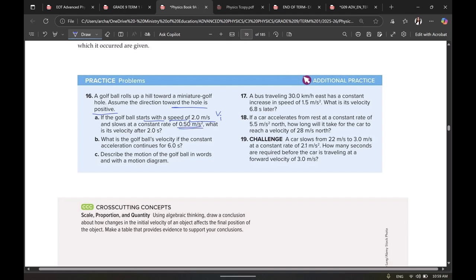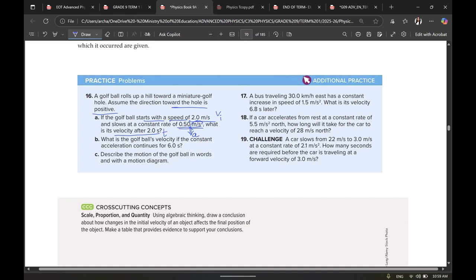And it slows at a constant rate of 5 meter per second square. Look at the unit, it is acceleration, and it is constant, so I have to use the constant acceleration equation. What is its velocity after 2 seconds? Time is given.